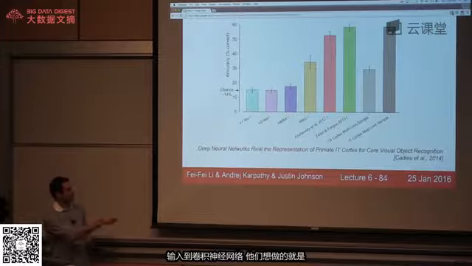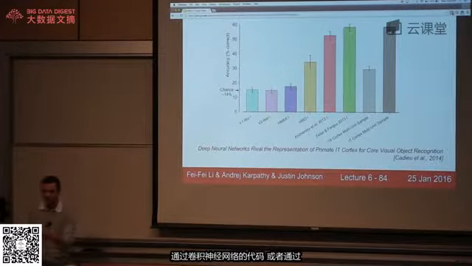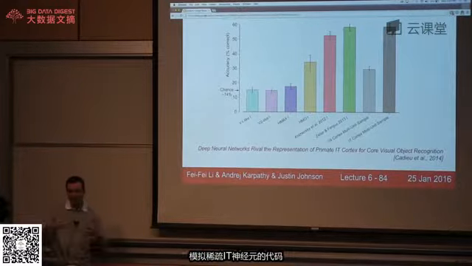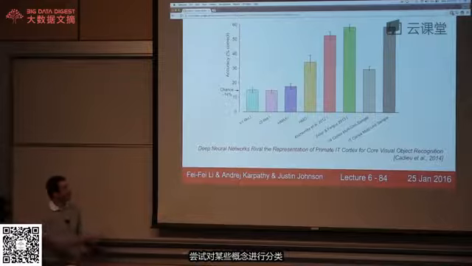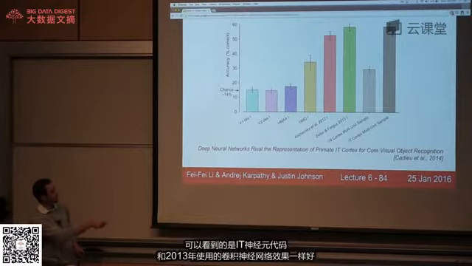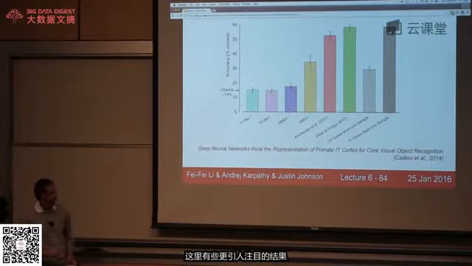And what they're trying to do is, from the convolutional neural network code, or from the population of neurons, which is only a sparse population of neurons in the IT cortex, perform a classification of some concepts. And what you see is that decoding from the IT cortex and classifying images is almost as good as using this neural network from 2013. So in terms of the information that's there about the image, you can do almost equal in performance for classification.